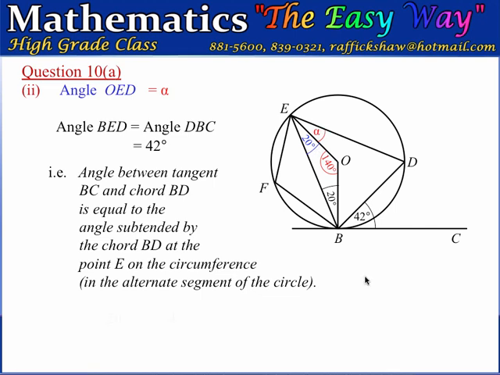Therefore, 20 degrees plus alpha is equal to 42 degrees, and if we subtract 20 degrees from both sides, we see that alpha is 22 degrees. Therefore the angle we want, angle OED, is 22 degrees, and that's the answer for that part.